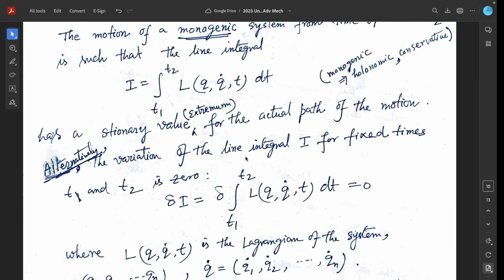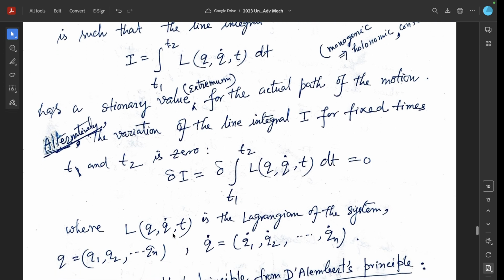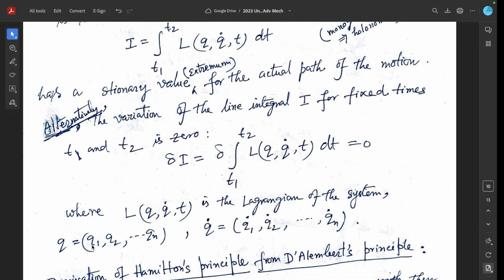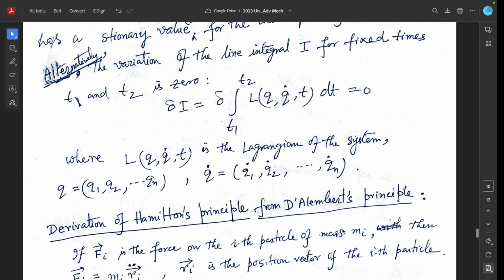Alternatively, the variation of the line integral I for the fixed times t1 to t2 is 0. That is, the variation delta I equals delta integral from t1 to t2 of L dt equals 0, where L(q, q dot, t) is the Lagrangian of the system, q is q1, q2, ..., qn, the n generalized coordinates, and q dot is the n generalized velocities q1 dot, q2 dot, ..., qn dot.